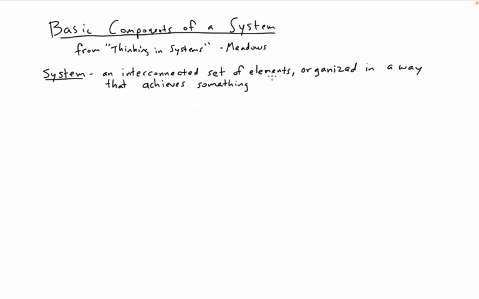Okay, so note that there are three parts of this. There's a set of elements. They are interconnected, and they achieve something. So these are the three aspects of a system.